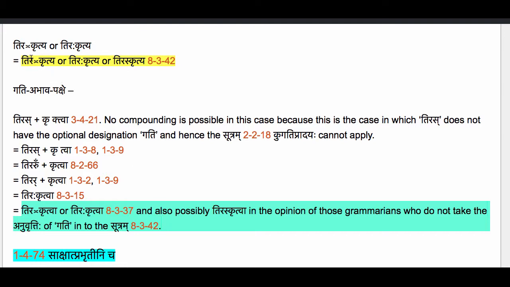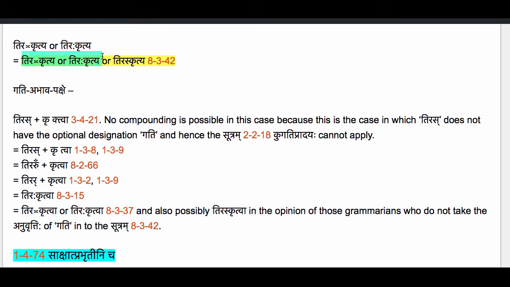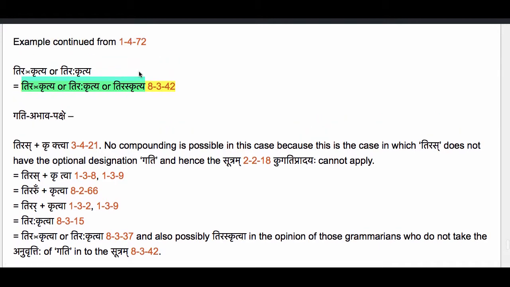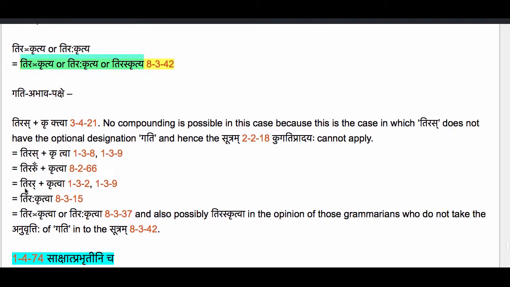The 3 forms tirah kritya or tiraha kritya or tiras kritya. That's when tiras is assigned the optional designation gati by the sutram 1.4.72. Now when the optional designation gati is not assigned to tiras, then we get the 2 forms tirah kritva or tiraha kritva and also possibly tiras kritva, assuming that we do not take the anuvritti of gati into the sutram 8.3.42.